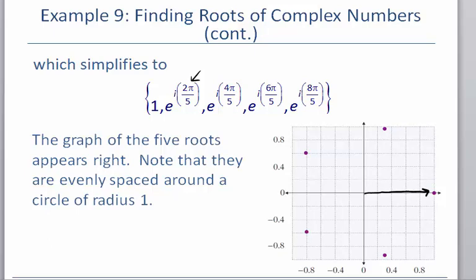Now, what you may need to do with 2 pi over 5, since it is not a definite angle, is convert it to degrees so that you can see a little bit better where that angle actually lies. That angle is 72 degrees when I convert it to degrees.